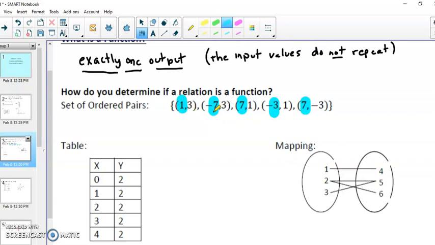And we're saying, do any of these repeat? Well, look, I have 2 7s. So 2 7s, we'll circle these. You don't need to write that down, but I'm just writing it so you can see it. It means not a function.